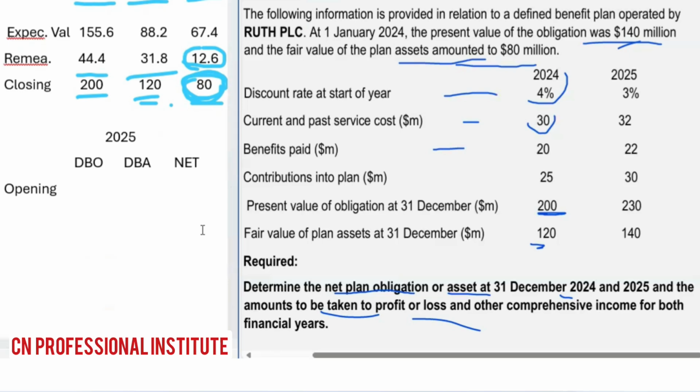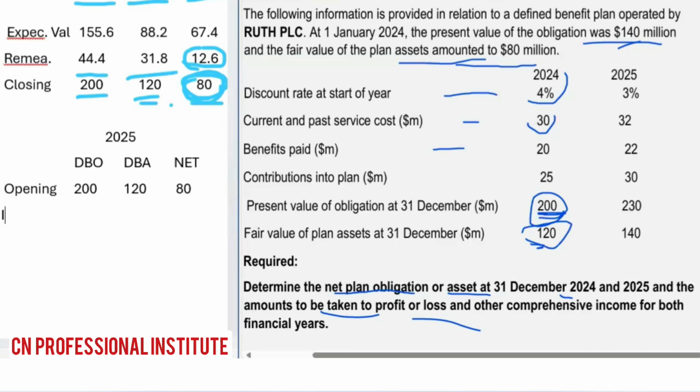So the closing for 2024 becomes the opening for 2025. The liability was 200, so the opening liability is 200. The asset is 120. Then the net is 80, the difference, and this 80 is a liability.